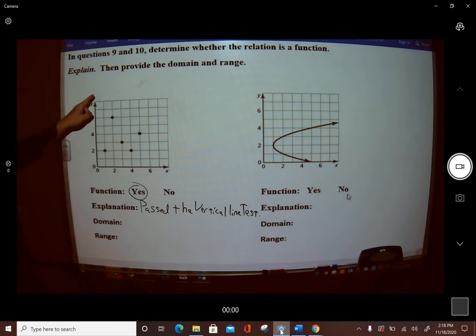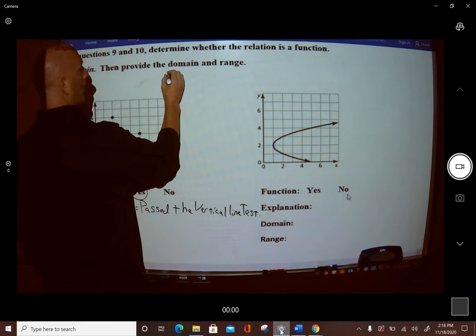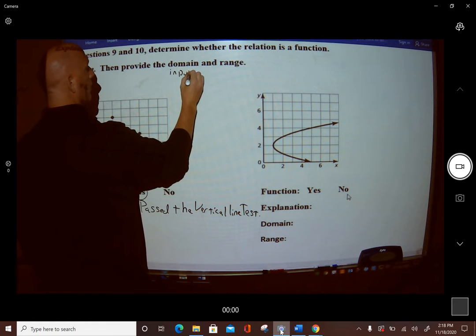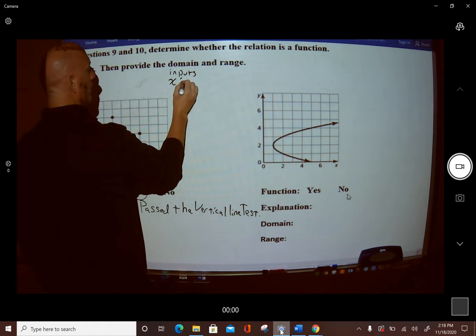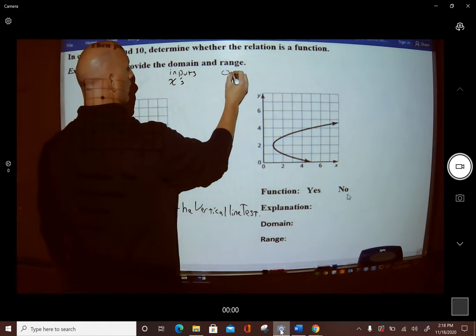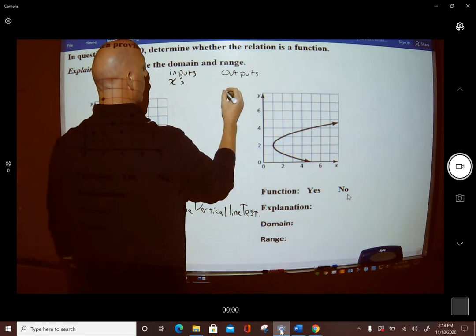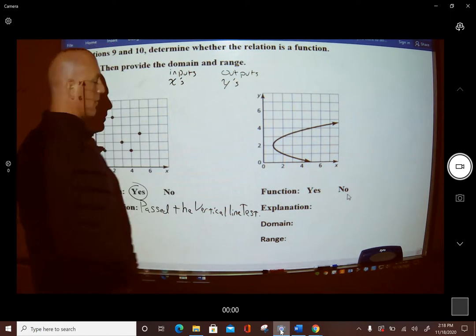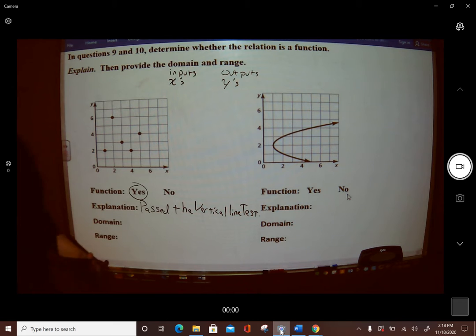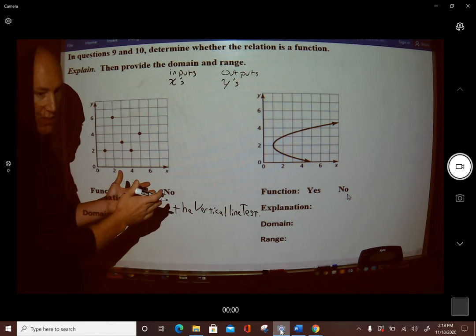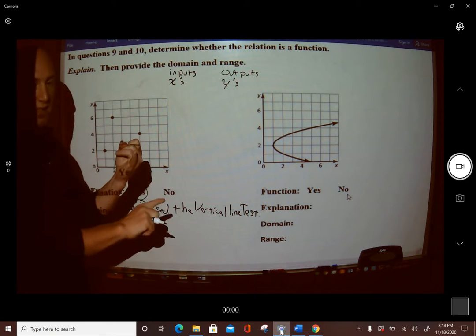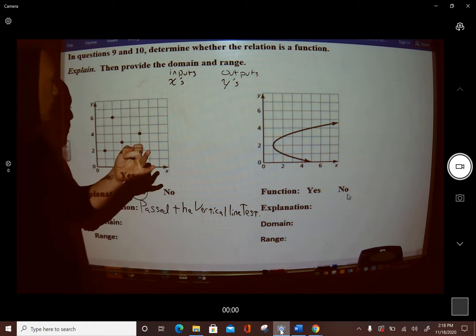Now, domain and range. Remember, domain goes with inputs or x's. Range goes with outputs or y's. So all we're doing is we're creating a list of all of our x's and a list of all of our y's.